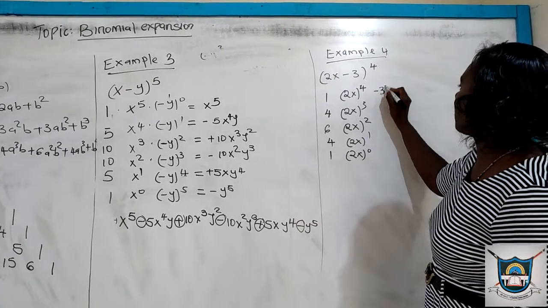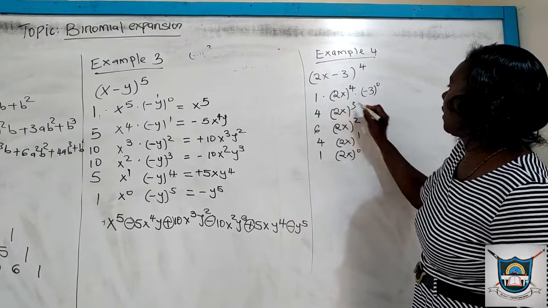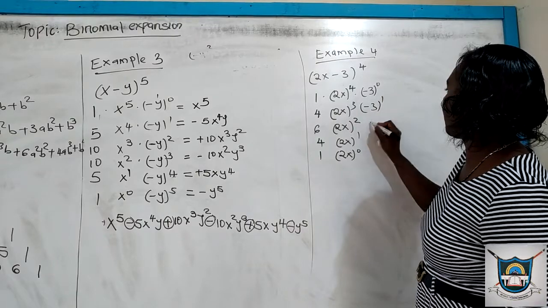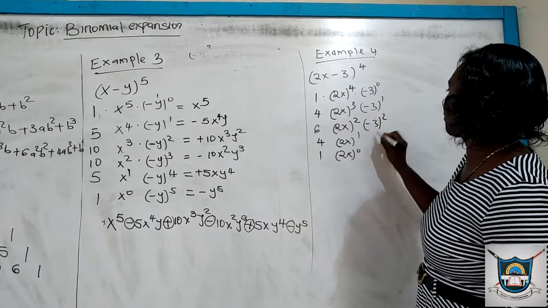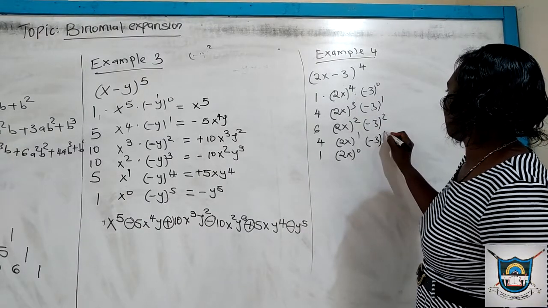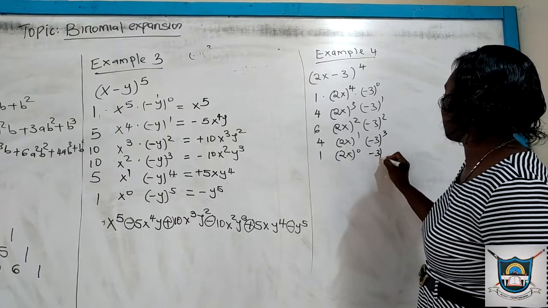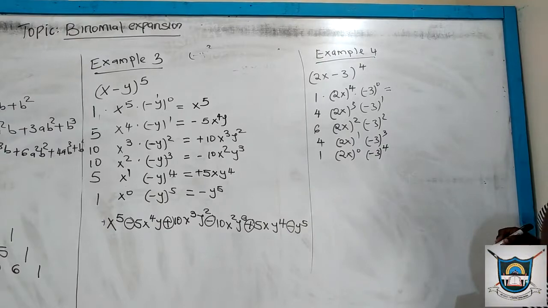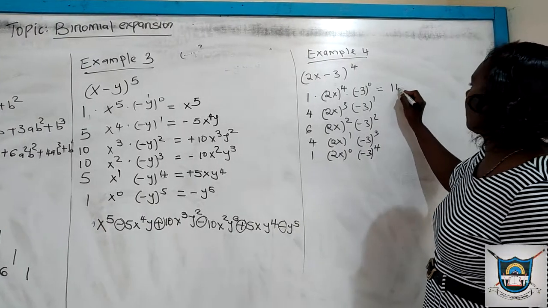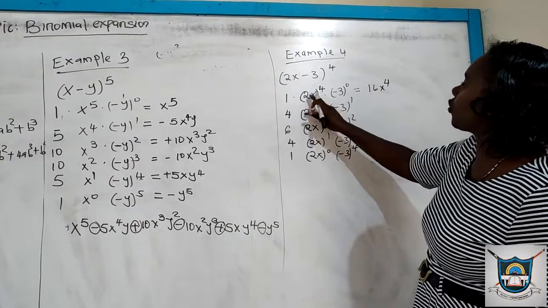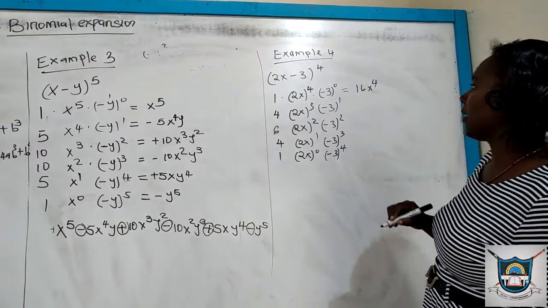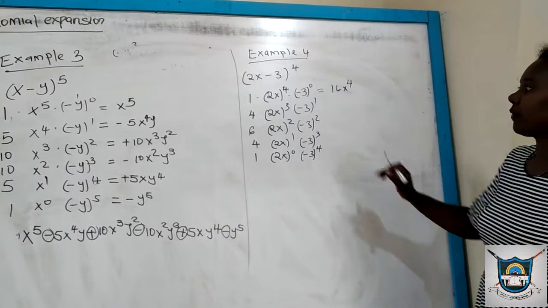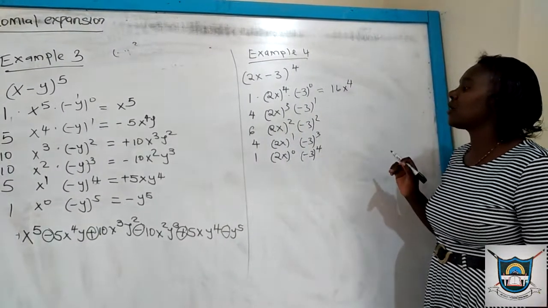So we have (-3) power 0, (-3) power 1, (-3) power 2, (-3) power 3, (-3) power 4. If we multiply all this, the first one is 16x to power 4, because 2 to power 4 is 16, then x to power 4, and (-3) to power 0 is 1.